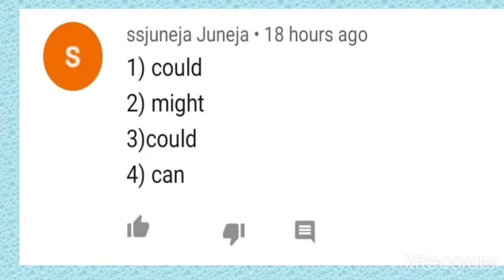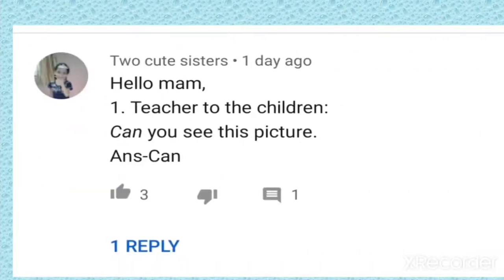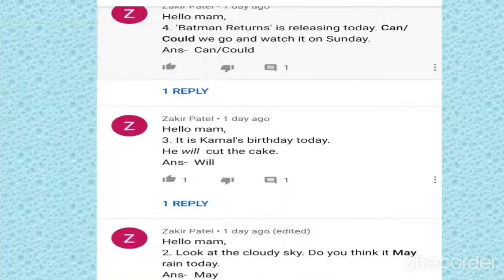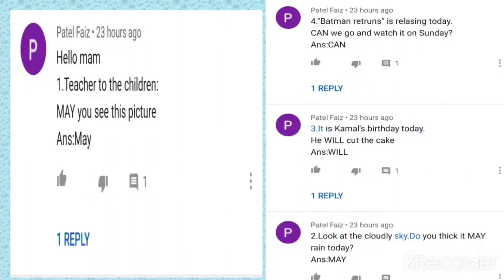Zuneja. She has given all 4 answers. She has tried her best. Next, this girl, two cute sisters, name given there. Then another, the name like Zakir Patel. This girl or boy also has given the correct answers. Then Patel Faiz.